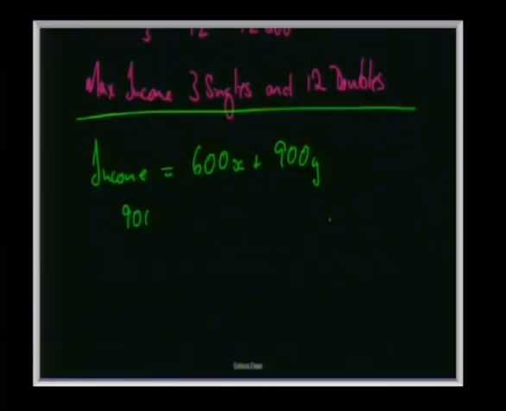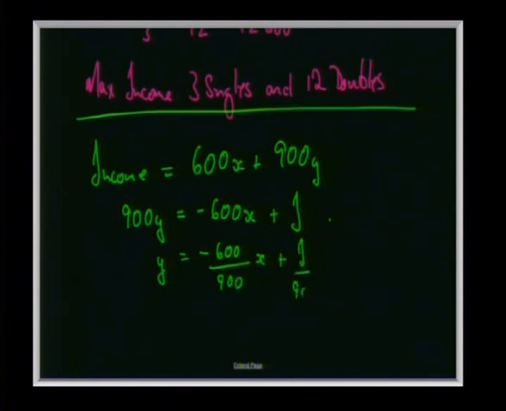So solving this, 900y would be equal to negative 600x plus I for income. So y is equal to negative 600 over 900 x plus I over 900, which gives me a slope of minus 6 over 9 or minus 2 over 3. So that's going to be the slope of my search line, negative 2 over 3.